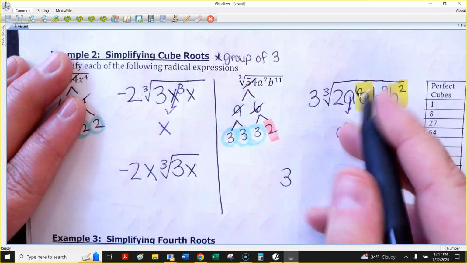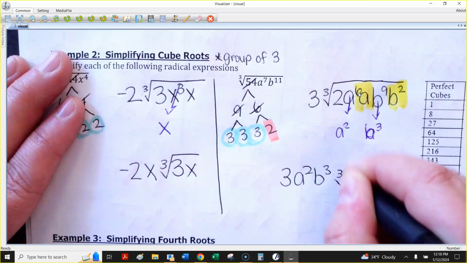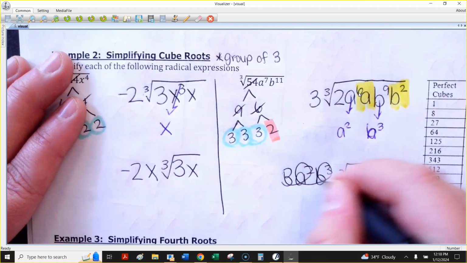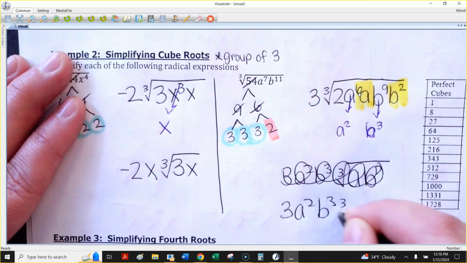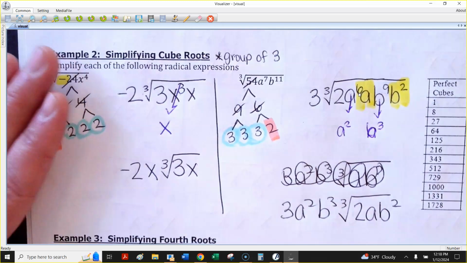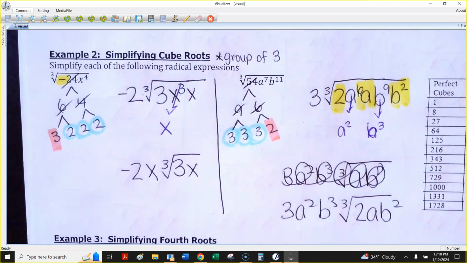So we had a 3, a squared, b cubed, and then left under the cube root, I have a 2, an a, and a b squared. Sorry, that one's like super garbagey, because the number was not a perfect cube, and neither were either of the variables in that one.